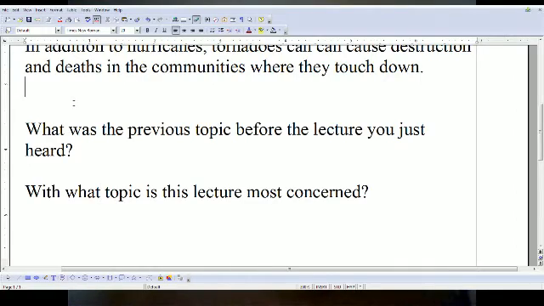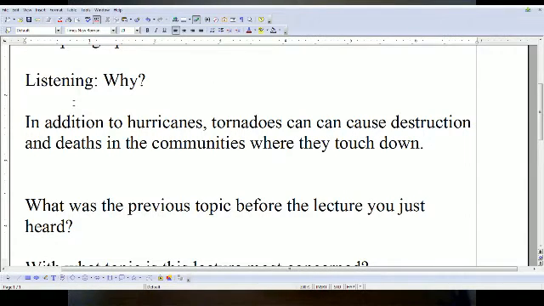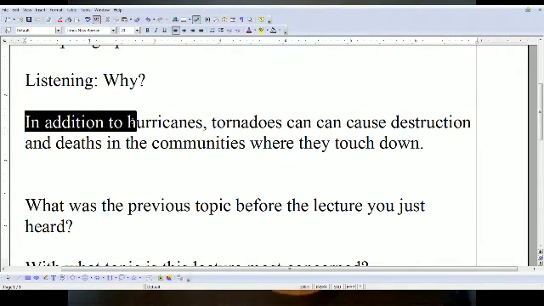Right? So then you have to look at this. "In addition to hurricanes, tornadoes can cause destruction and deaths in the communities where they touch down." So if the TOEFL asks, what was the previous topic before the lecture you just heard, you have to go back to this sentence here. Where it says, in addition to hurricanes, we look at this as the transition part of the sentence.